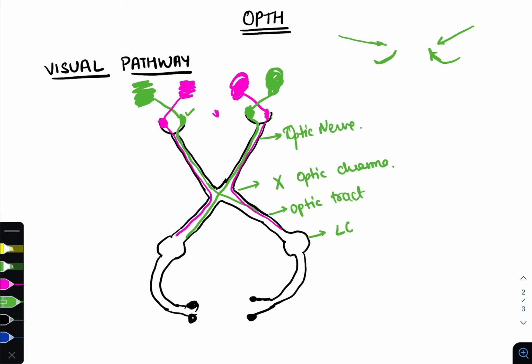This one is the lateral geniculate body. Then the optic radiations, and after the optic radiations we have the visual cortex area. So what kind of field defect will we see when there is a lesion in each of these areas?